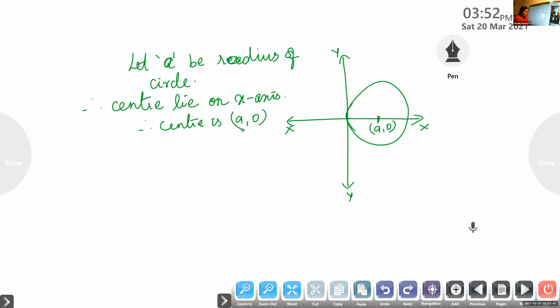Is it correct? Is it okay, children? Anla Mohanan, is it okay? Yes, ma'am. Okay, the radius is A. This distance, the radius, we are taking as A, and this is touching the y-axis at origin. So the distance will be the same as A. So the center will be A, 0.